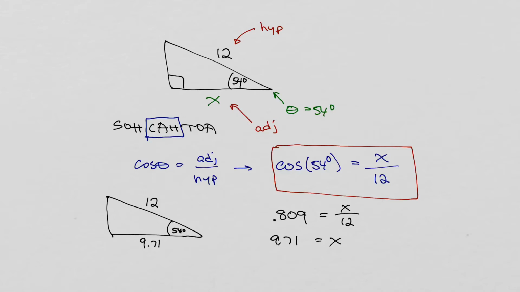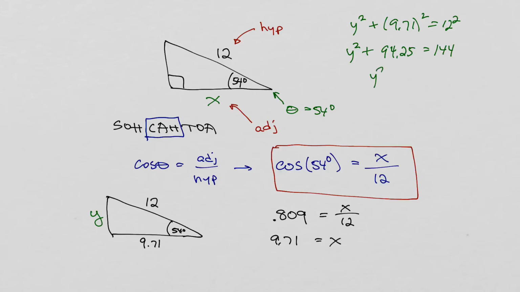If I wanted to find this last side, let's call it y right there, I could use the Pythagorean theorem and say that y squared plus 9.71 squared equals 12 squared, and try to solve it from there. So this would be y squared plus, let's see, 94.25 equals 12 squared, which is 144.